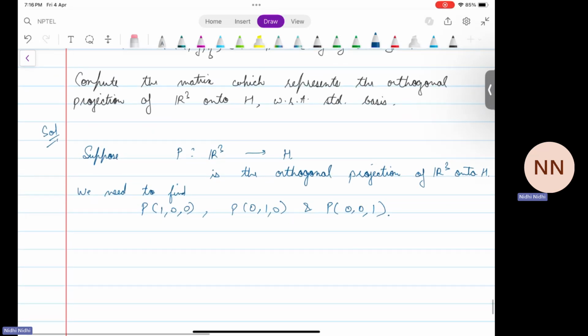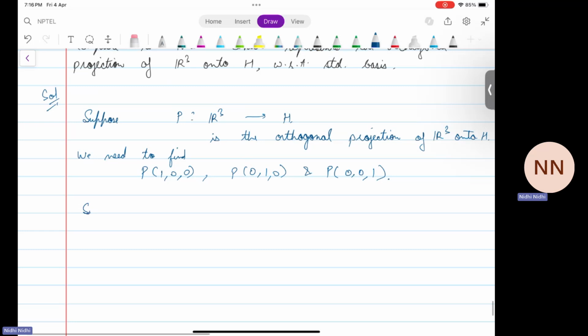So now suppose P(E1), where E1, E2, E3 is the standard basis, is equal to some vector (x1, x2, x3) in H, then clearly x1 plus x2 plus x3 should be equal to 0.